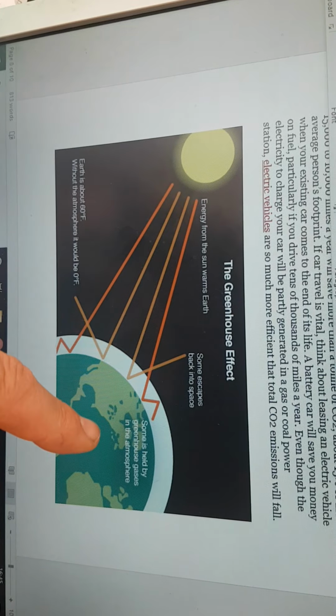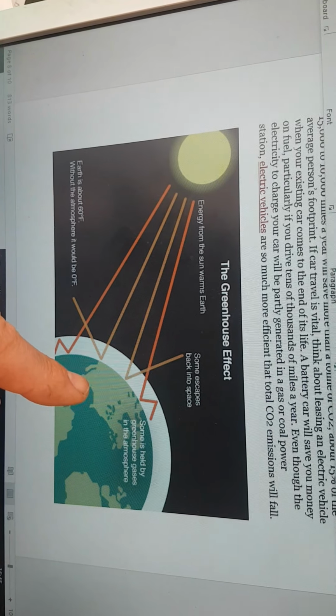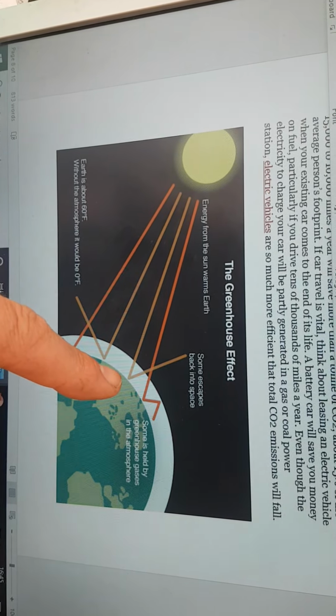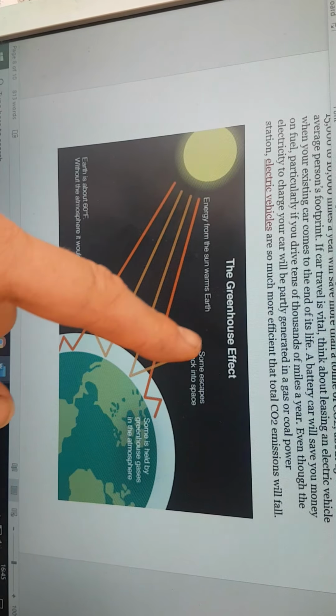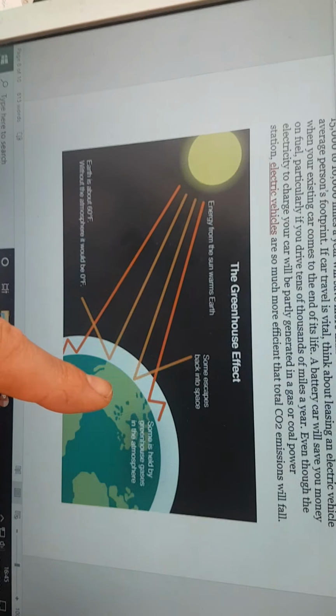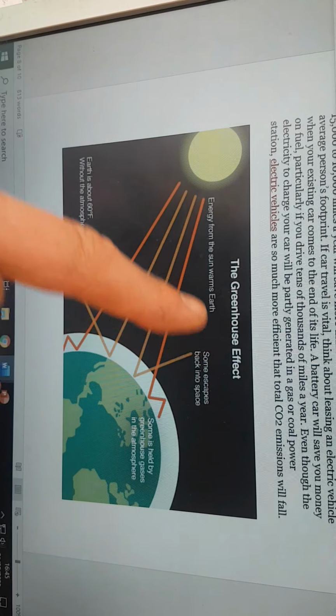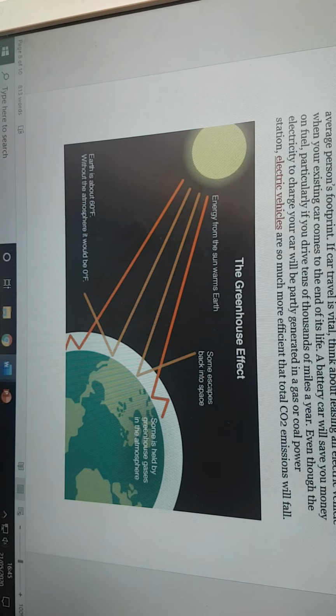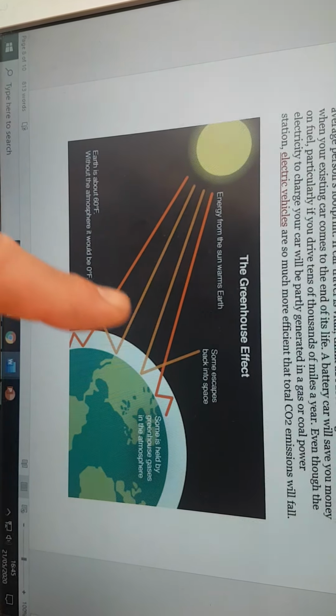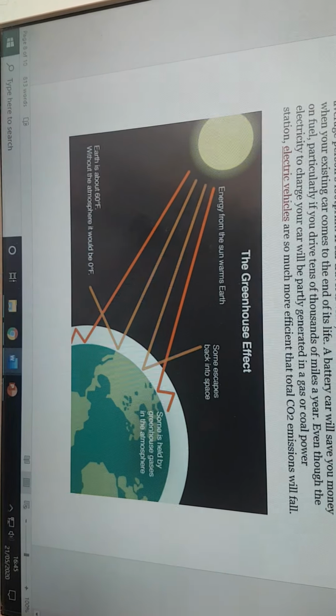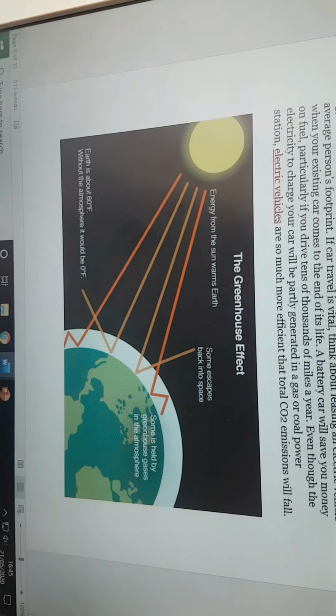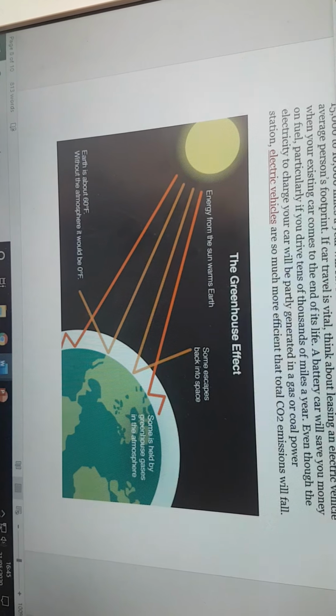That radiation from the sun warms up the Earth. The Earth then re-emits, because the Earth is then hotter than the space around it. Heat will always travel from hot to cold places. The Earth re-emits some of that heat radiation, or as it's often called, infrared radiation, just another word for heat radiation, back out into space.